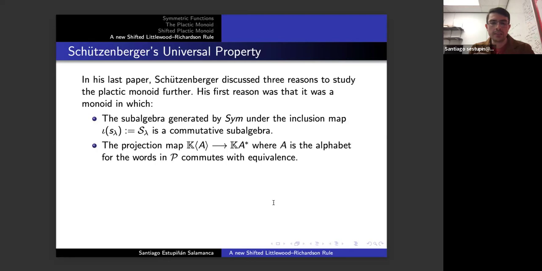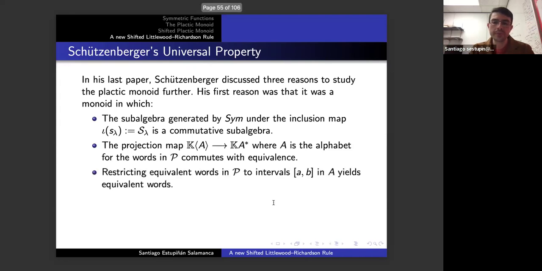That is, once you let the letters in the plactic monoid commute, this respects the equivalences defined in the plactic monoid. And if you take only the letters in an equivalence belonging to a certain interval, then the resulting equivalence of the restrictions on both sides is also an equivalence.